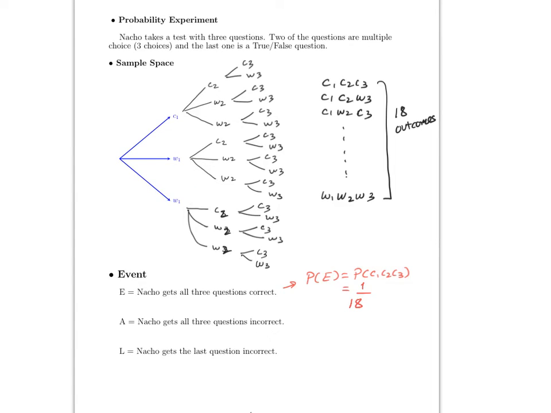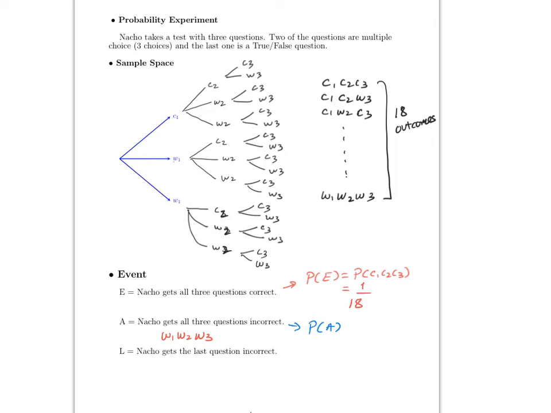Now, what about the probability that Nacho gets all 3 questions incorrect? So here you have to be a little more careful. All incorrect means you have W1, W2, and W3. But you have W1, W2, and W3 multiple times. So you need to make sure you count all of them.